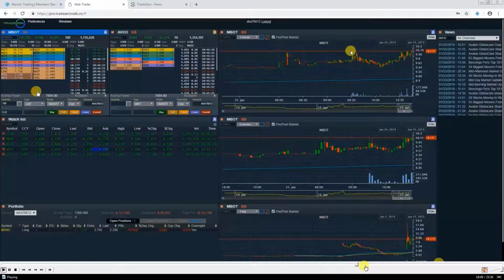MBOT, exactly. After some time, I was looking at this particular stock, MBOT. If we look at the chart, it had formed this zigzag pattern with higher lows and slightly higher highs.